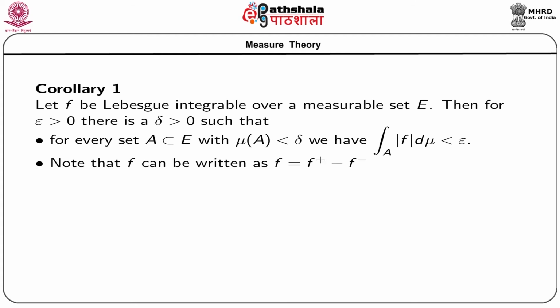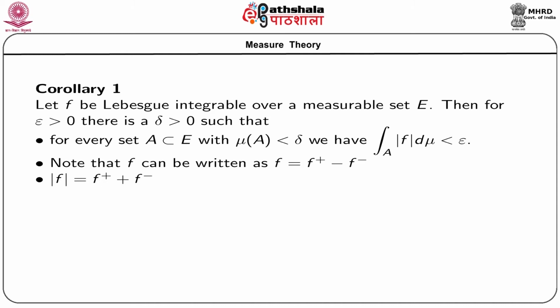The proof follows from the fact that any real function f can be written as f equal to f plus minus f minus, where as before f plus is the positive part of f and f minus is the negative part of f.